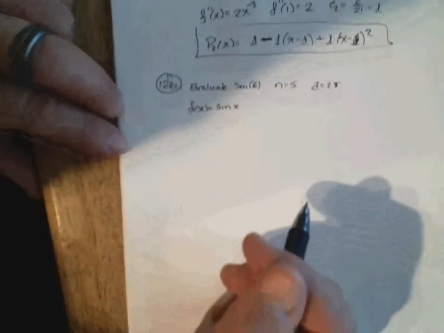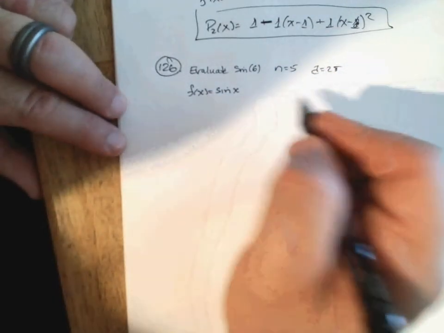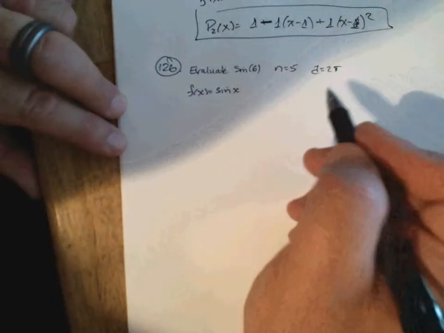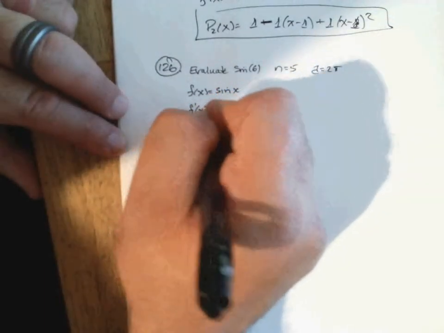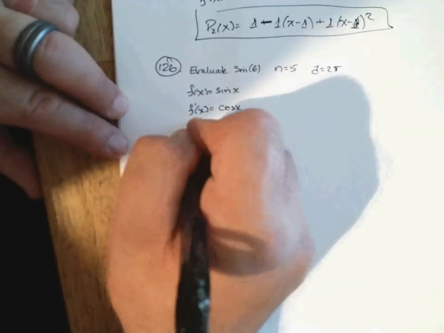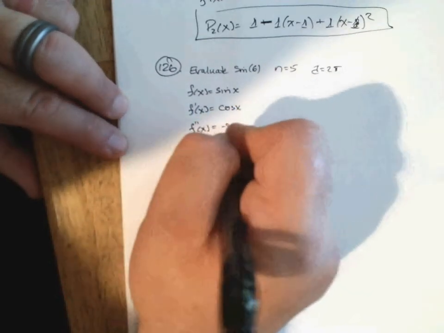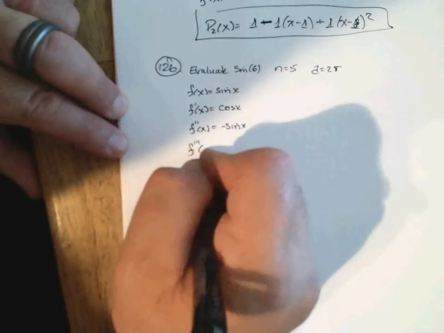All right, so now I have to find some derivatives, don't I? And if I want a fifth degree polynomial, I'll need the derivatives up to 5. And then for the error term, I'm going to need the sixth derivative. So let's calculate a bunch of derivatives. Derivative of sine is cosine. Derivative of cosine is our second derivative, negative sine.